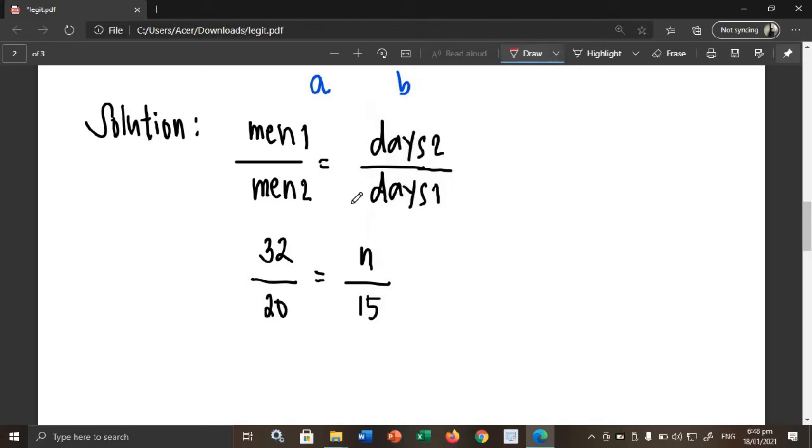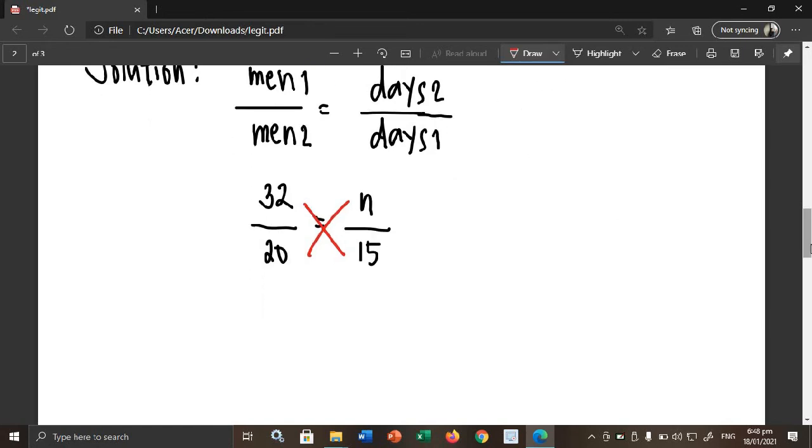So, cross-multiply natin for us to solve what is the value of n. So, it will become 32 times 15 is equal to 20 times n.